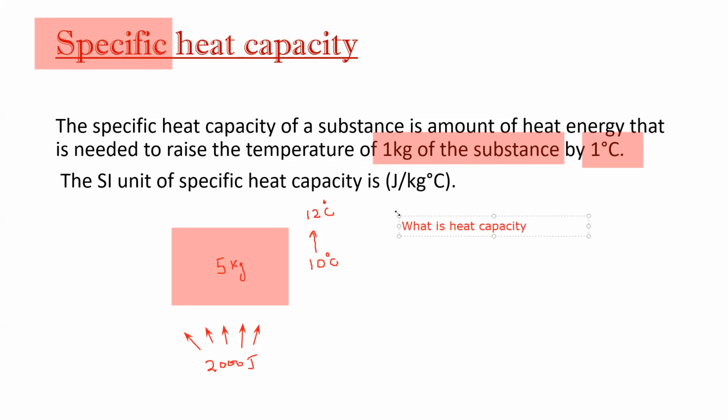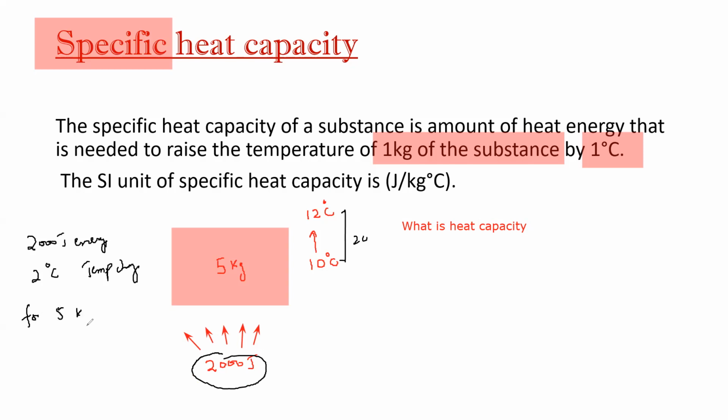So what is the heat capacity? Heat capacity means how much energy is needed to change the temperature by 1 degree centigrade. So 2000 joules of energy is used to change the temperature by 2 degrees for a 5 kilogram object.